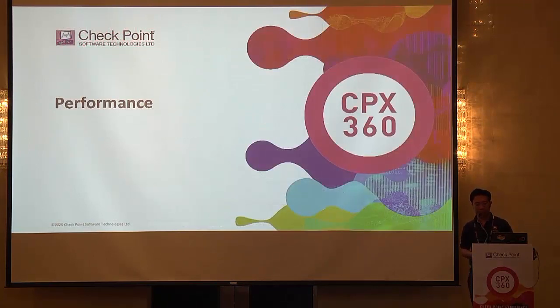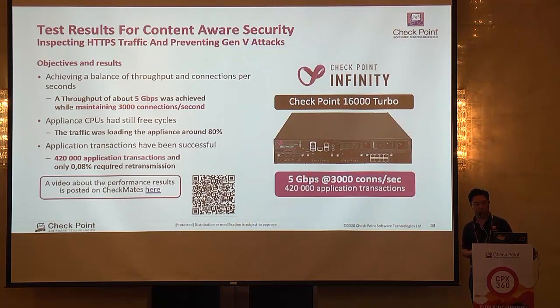Talking about performance, as I said, we made a lot of improvements since R80.40. This is the performance test we did with the 16,000 appliance, the latest model. We used BreakingPoint with an enterprise traffic mix, with 70% HTTPS traffic.